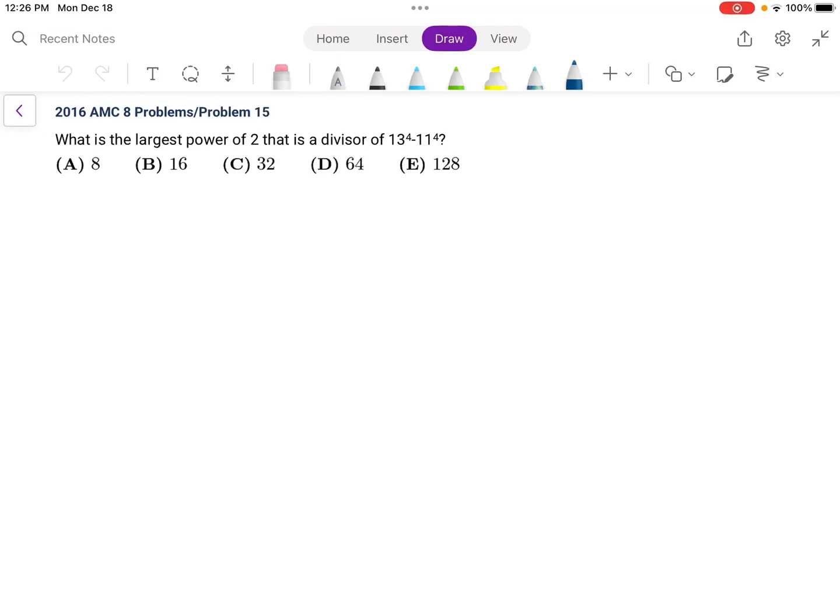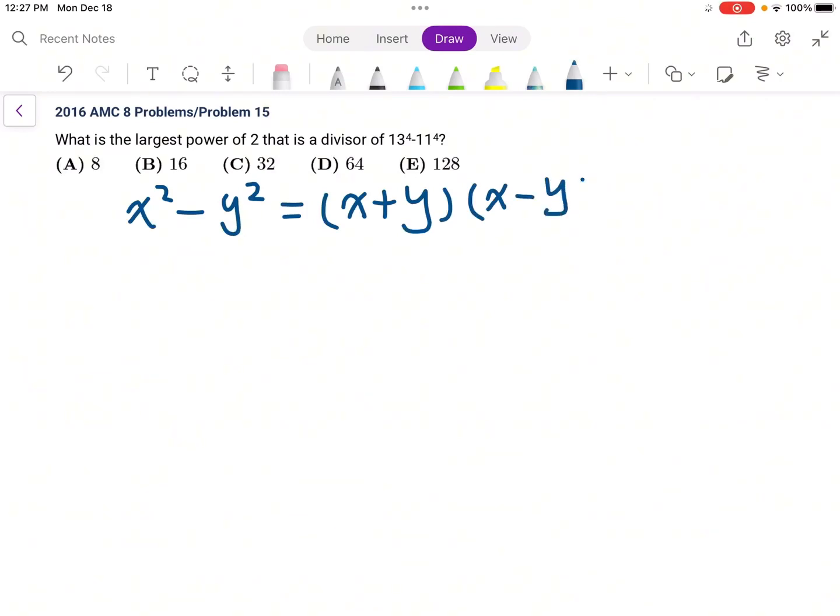Problem 15. For this problem, we need to use a formula. That's x squared subtract y squared equals x plus y multiply x minus y. And x and y can be any number. And in this case, we have 13 to the power of 4 subtract 11 to the power of 4.